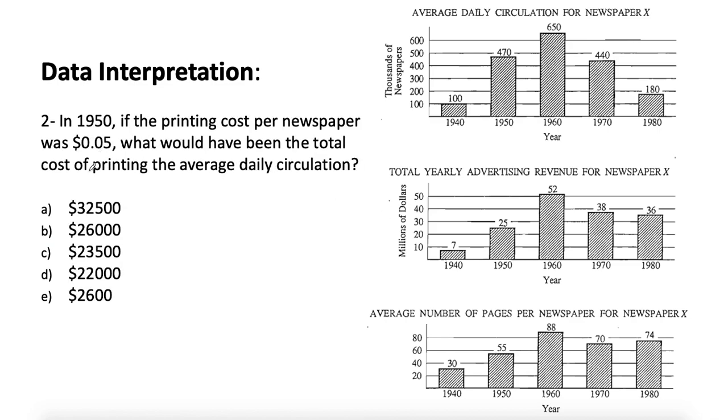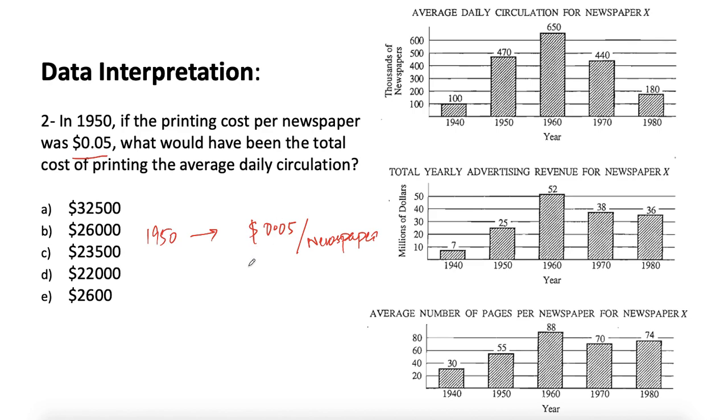Now if we see this one, in 1950, if the printing cost per newspaper was $0.05, and this is per newspaper, the question asks what would be the total cost of printing the average daily circulation?